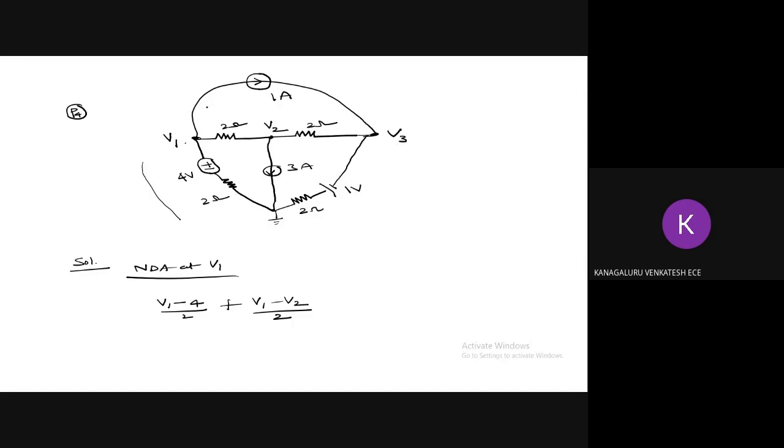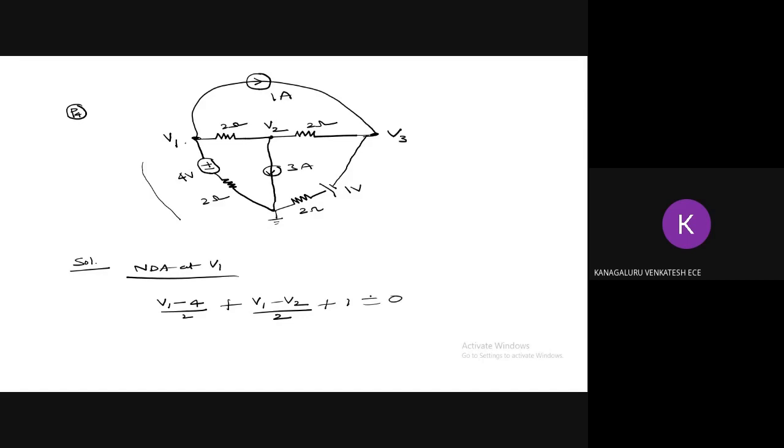When the current value is directly given, we can take that value because finally you are writing the current in the branch. So it is 1 ampere. Now the point is whether plus 1 or minus 1. As the current is leaving the node V1, I should take plus 1 equal to 0.